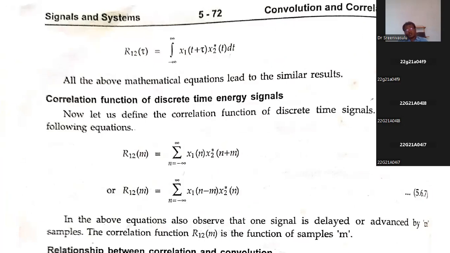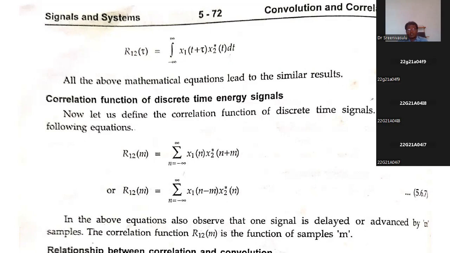Suppose we perform this correlation operation on the same signal, it is an autocorrelation. Now the formula so far is for continuous time. If you write the formula for discrete time, again you see R12 of M. Here M is another integer, instead of tau in discrete time.